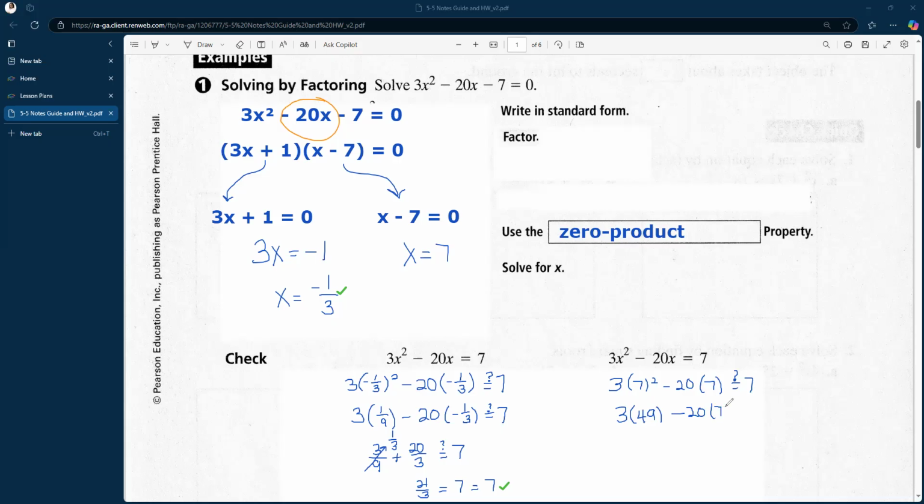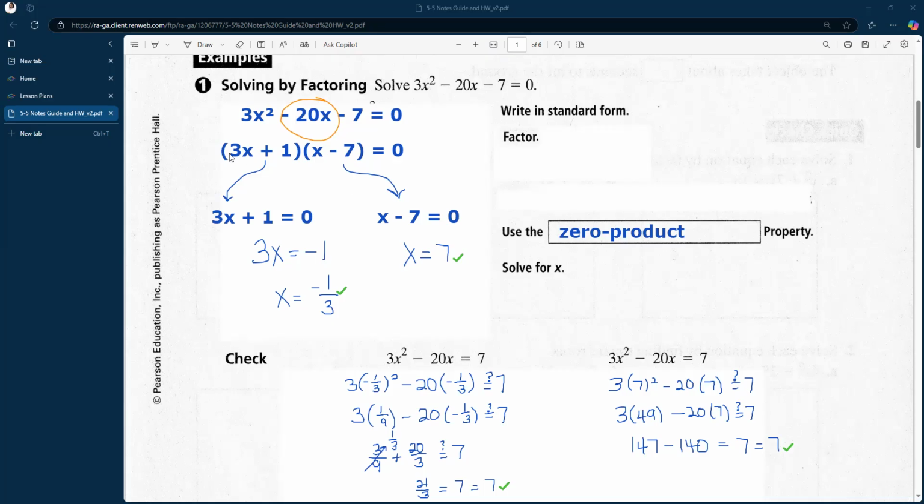Then I'm going to multiply out those two terms. That gives me 147 minus 140. And that does equal 7. So yes, x = 7 is my second solution.